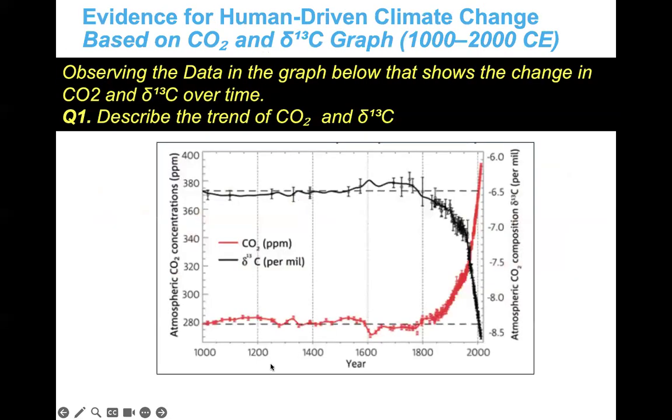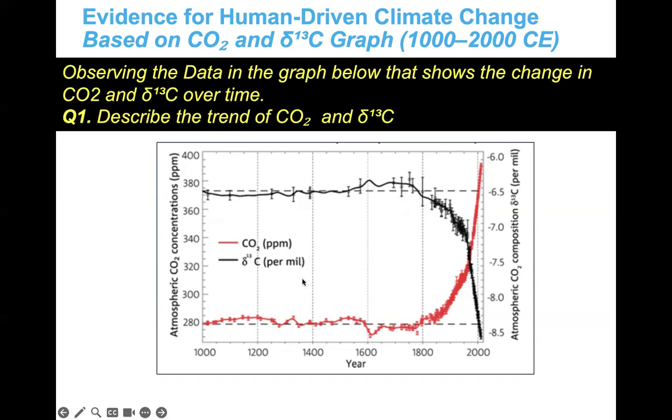So now, how do you know it's not a coincidence? It's caused by humans. So if you look at this diagram, you can see two graphs right here. The black one shows you delta 13C, and the red one shows you the CO2 concentration.